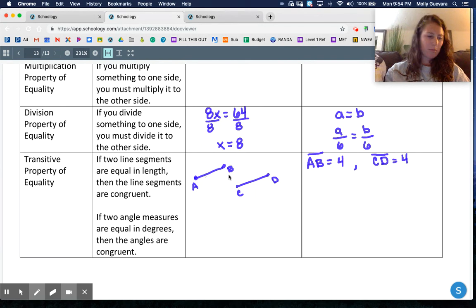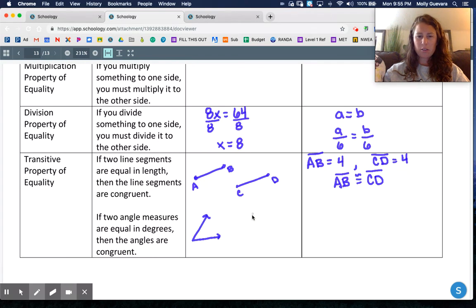So if these are the same length, because AB is 4 and CD is 4, then I can say that AB is equal to CD. Or sorry, congruent to CD. So it seems funny, but it actually comes up quite a bit, and you'll see examples of when we use that.